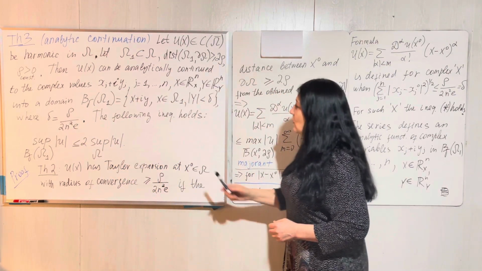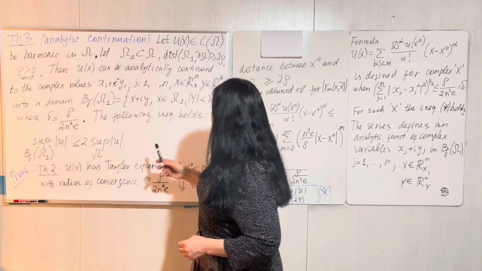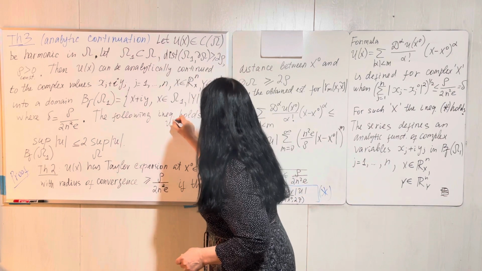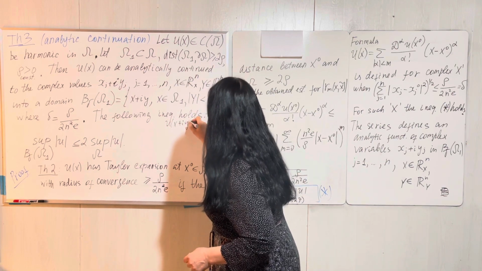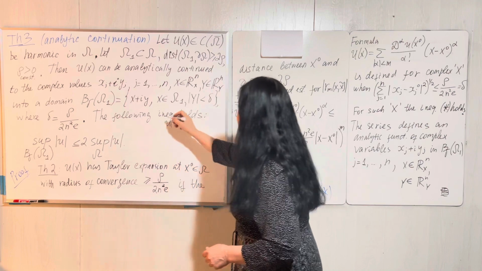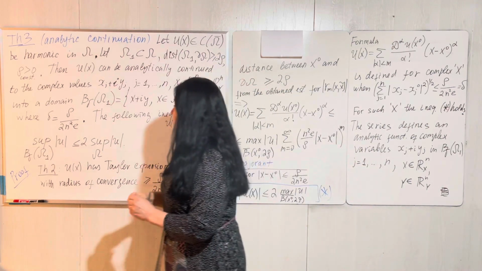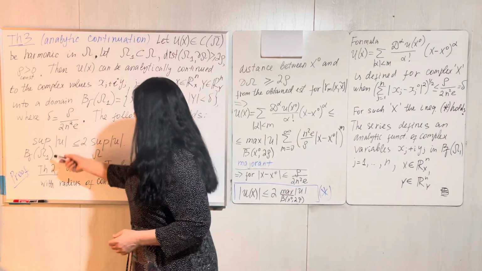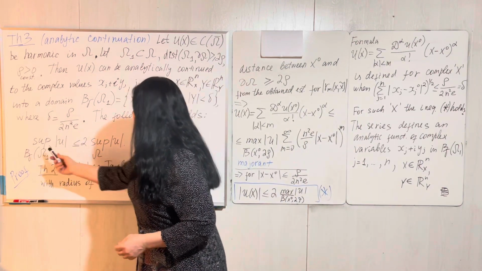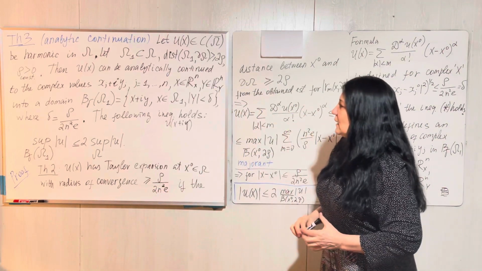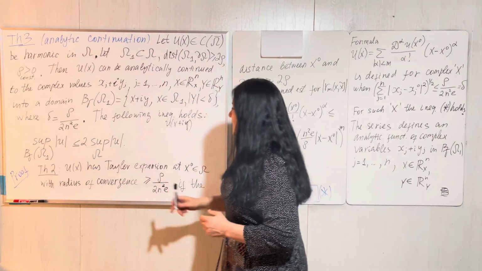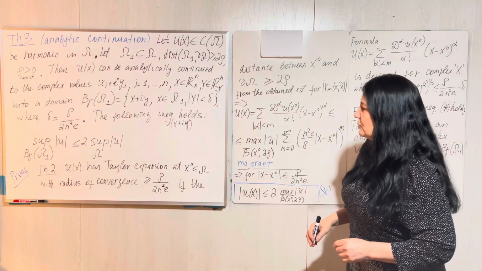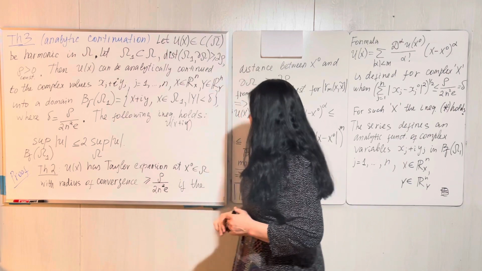And then also for this function u of x plus iy, the following inequality holds. So we can say the supremum of the absolute value of u in our complex domain is less than or equal to 2 times the supremum of u in omega.